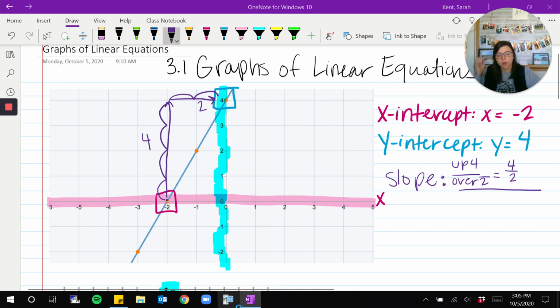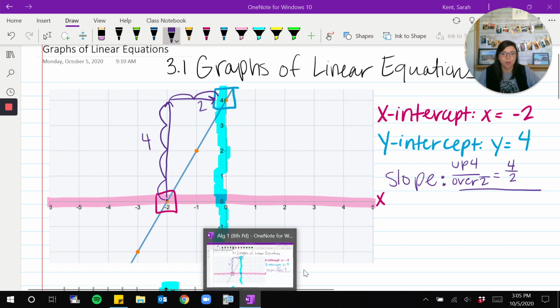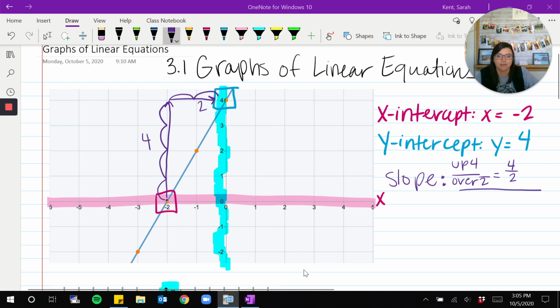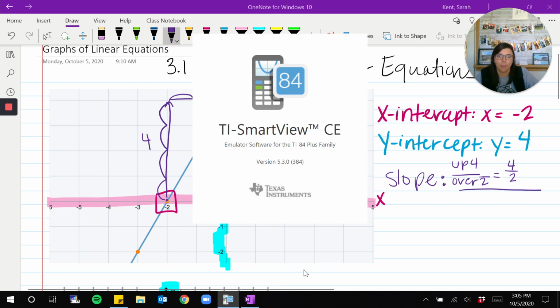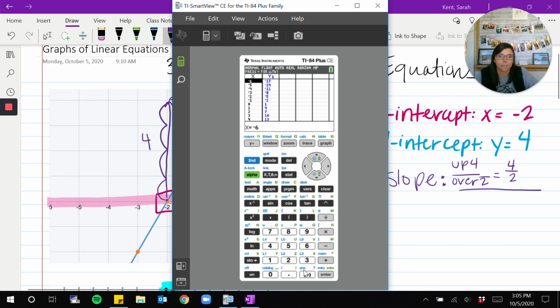And if we put this in our handy dandy calculator, here I want to go to alpha, y equals, enter, and I'll have 4 go down over 2. When I press enter, I'll get a slope of 2.